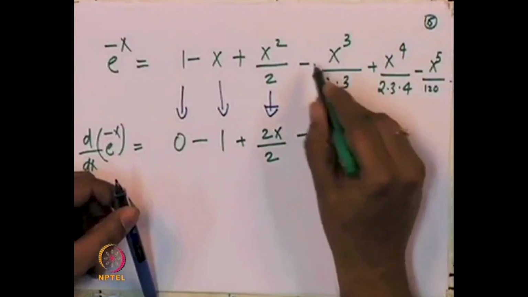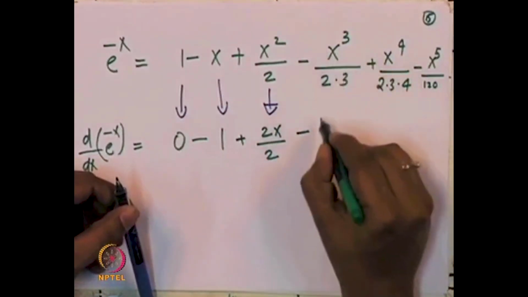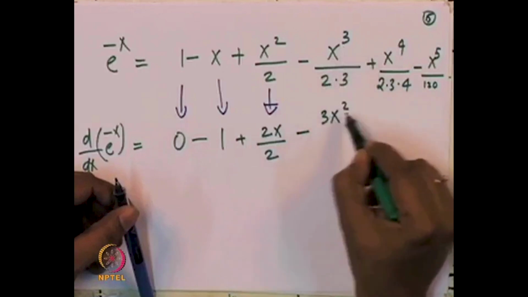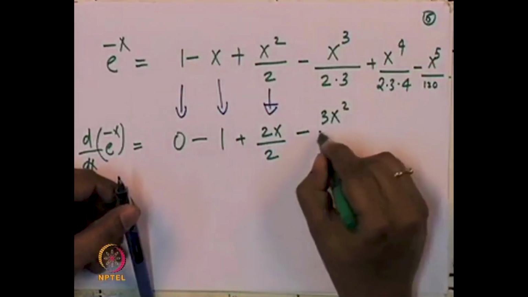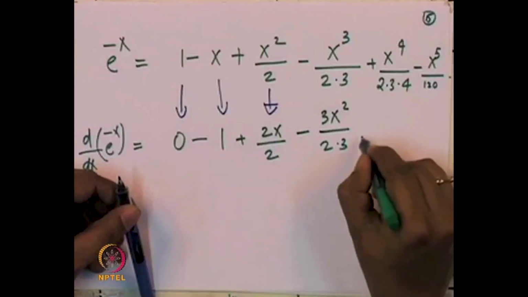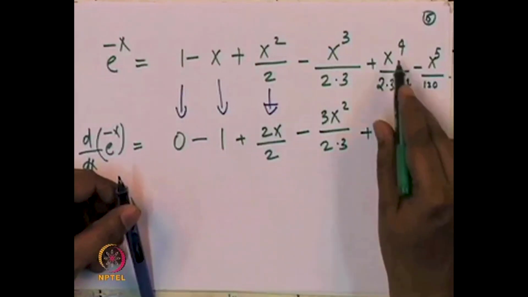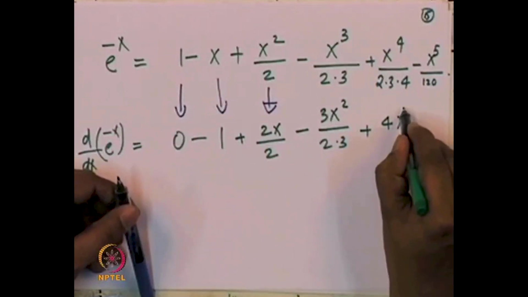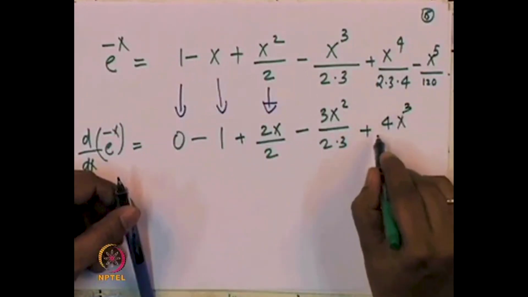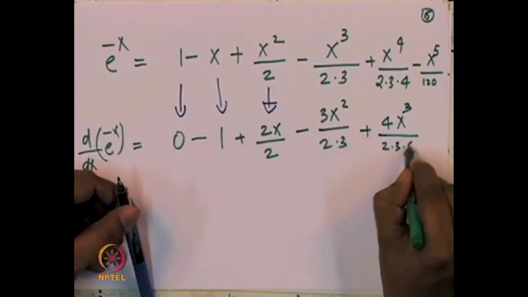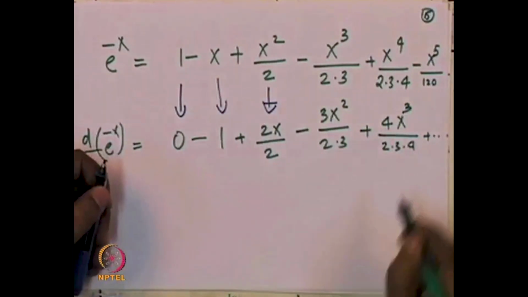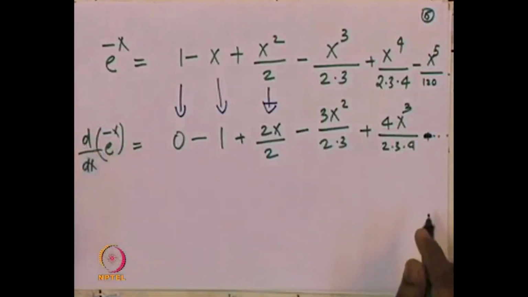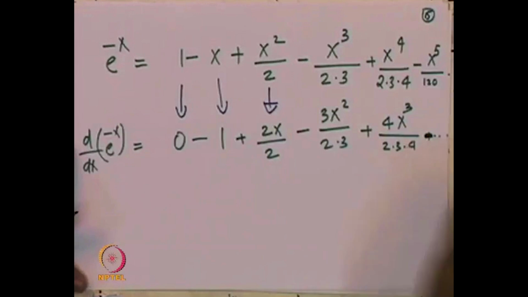Then minus the derivative of x cube, which is 3x power 2, that is n x power n minus 1 where n equals 3, divided by 2 into 3. Plus the derivative of x power 4, which is 4 x power 4 minus 1, which is 3, divided by 2 into 3 into 4, and so on. Actually the next term is minus, so the plus and minus will keep repeating and the terms will continue.